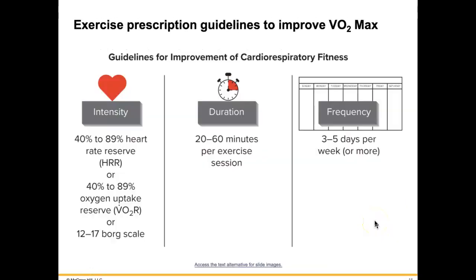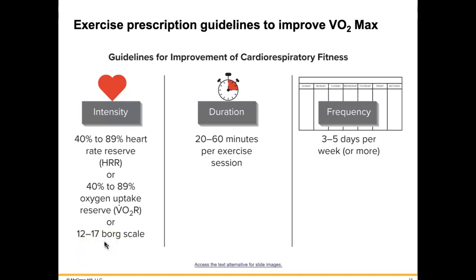So here is a nice overview look of our exercise prescription guidelines in order to improve our VO2 max. For intensity, we are going to be between 40 and 89% of our heart rate reserve, or the same percentage range for our oxygen uptake reserve. Or, as I mentioned in the previous slide, we're between 12 and 17 on that Borg scale.